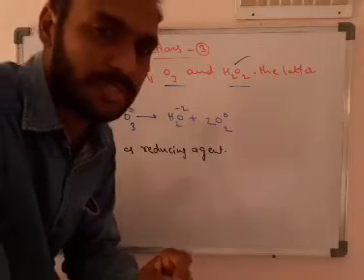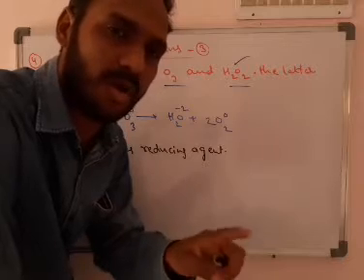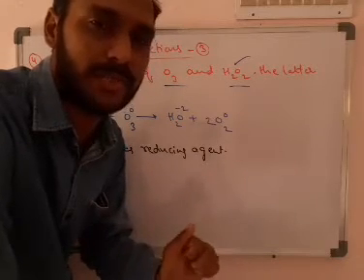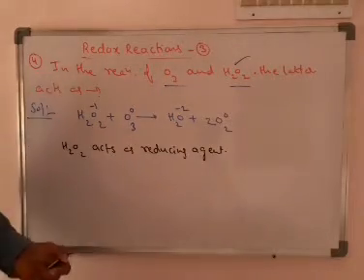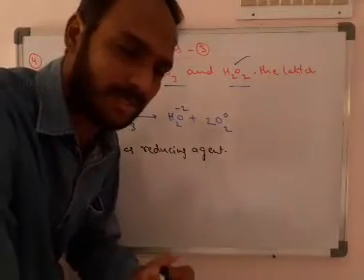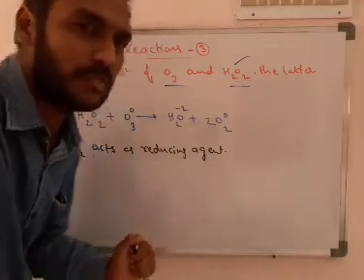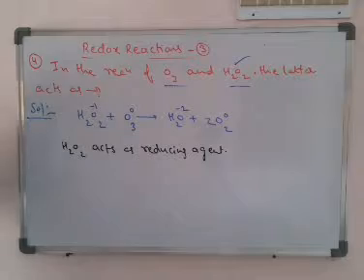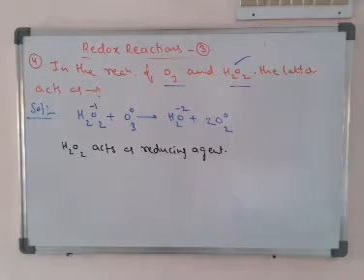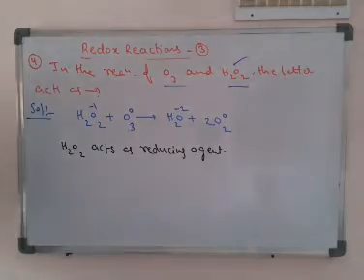The importance of this question is that generally hydrogen peroxide acts as both an oxidizing agent and a reducing agent. It has both oxidizing and reducing properties. In this particular reaction, it works as a reducing agent.